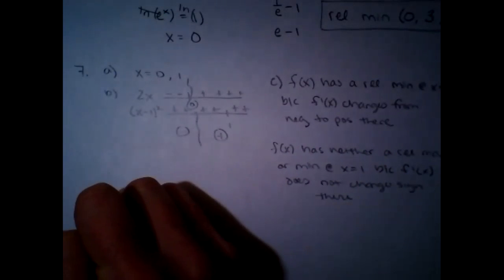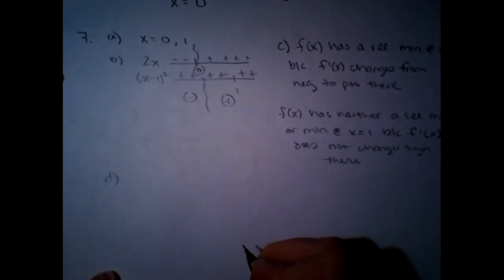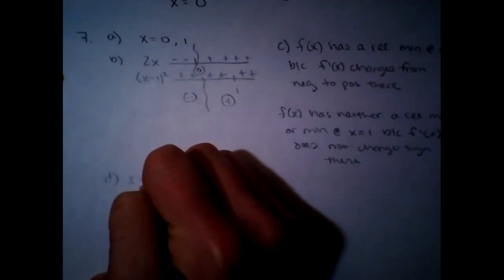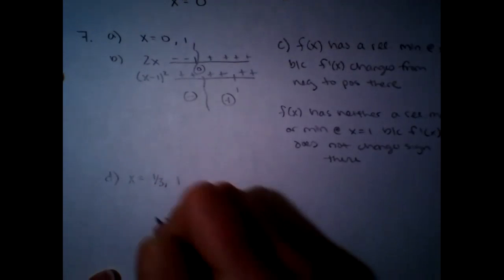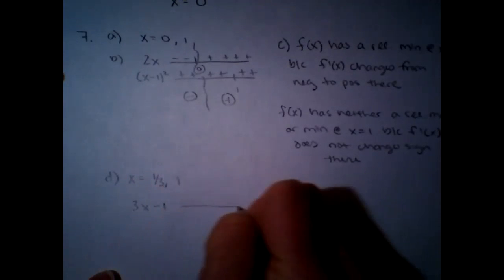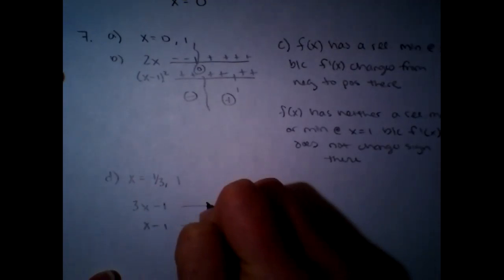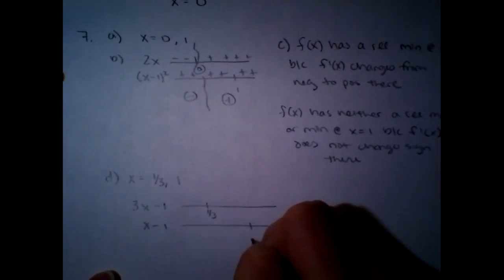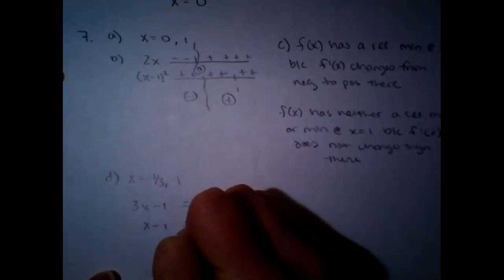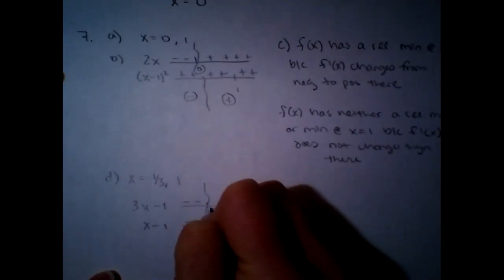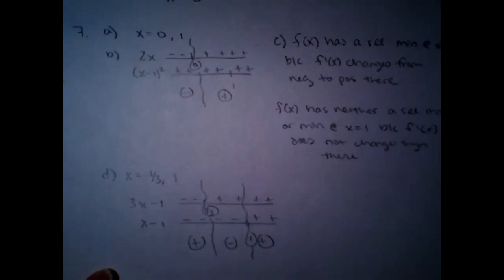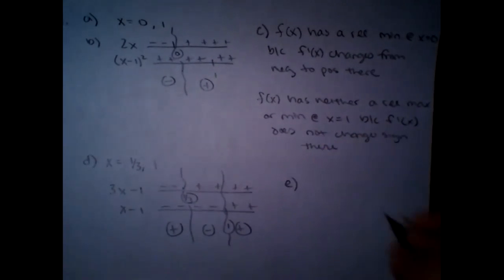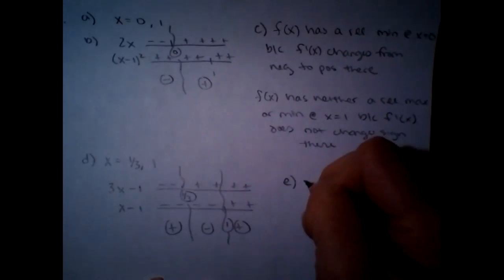All right, and then I need part D in order to do part E. So for part D, you get the second derivative. You would get 1/3 and 1 for your inflection points, and your number lines would look like this. So I had to write that out in order to do part E. So for part E, we're writing sentences about concavity.